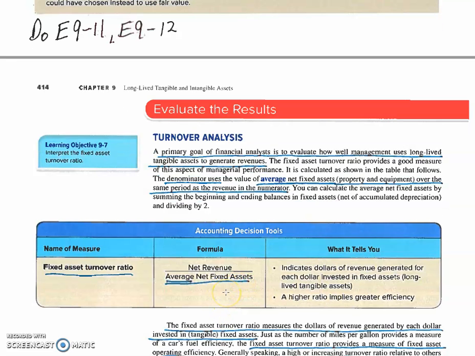Now that is going to be, as with most ratios, very dependent upon industry. So industries that are low on fixed assets, like perhaps software development, they don't really have to acquire storefronts and hotel buildings or something like that.